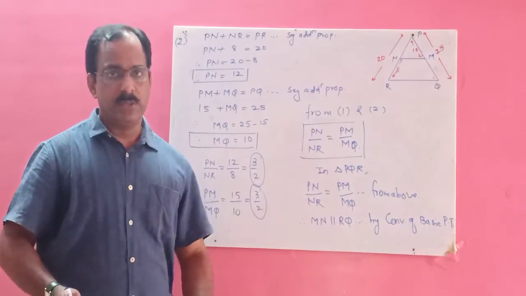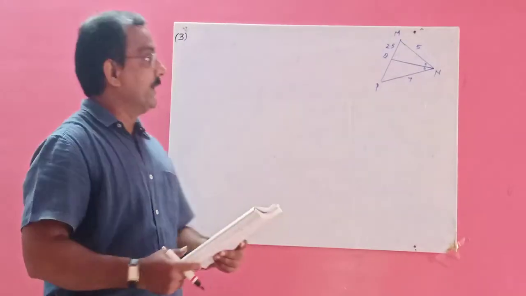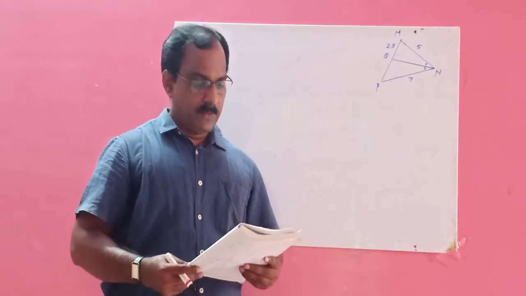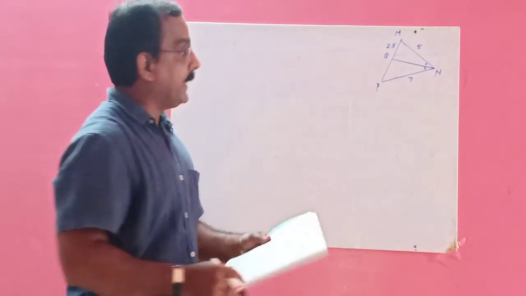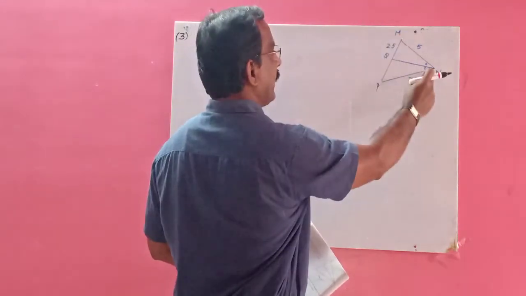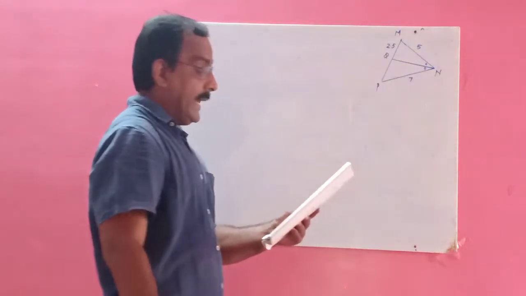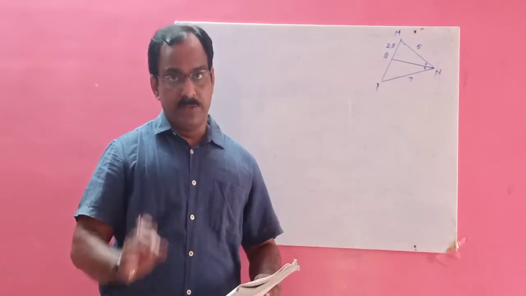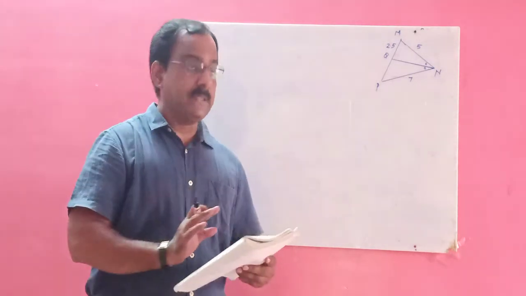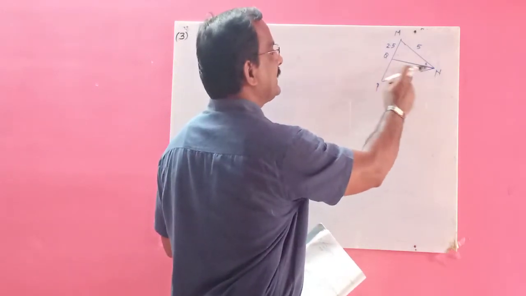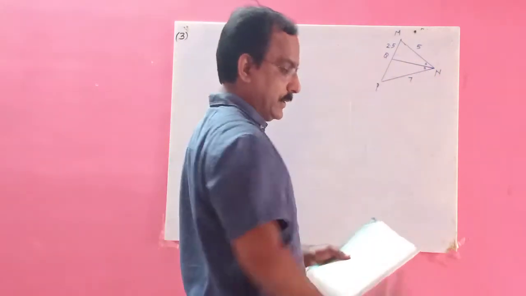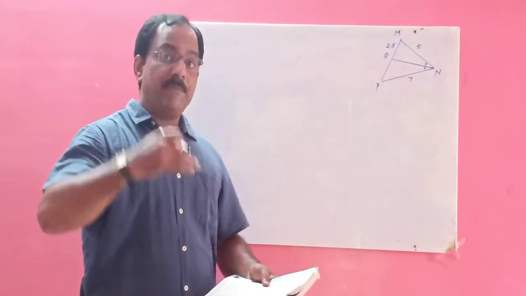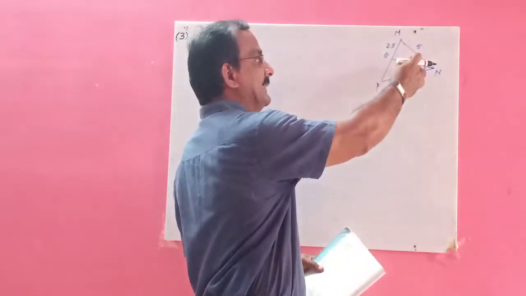Now I will do third sum. Okay children, see your question number 3, which is given on page number 14. In triangle MNP, NQ is a bisector of angle N. Children, very clearly it is given that NQ is a bisector of angle N. In the first sum, we had to prove whether this is a bisector or not.